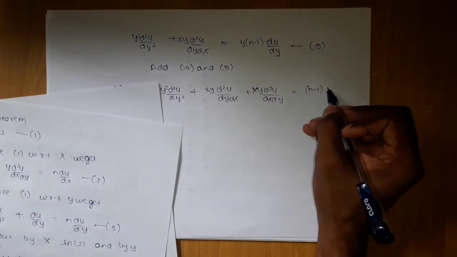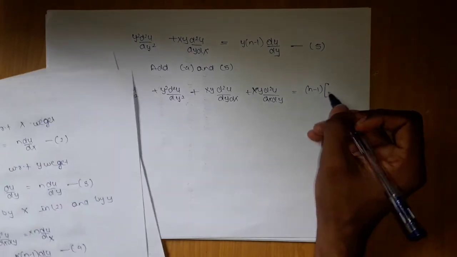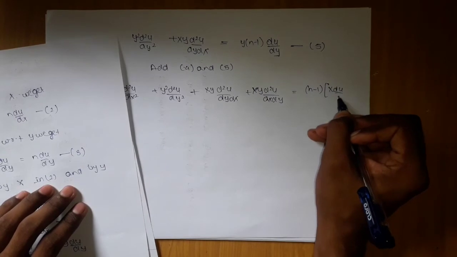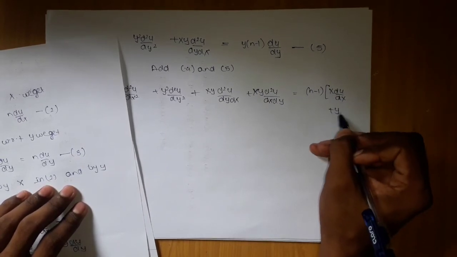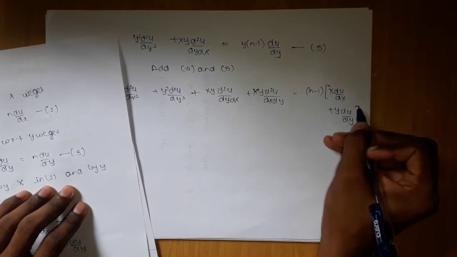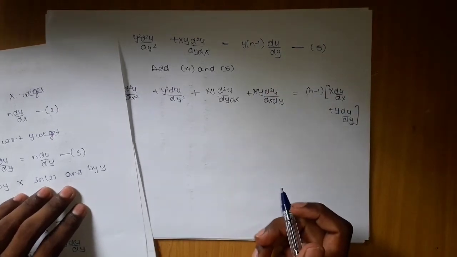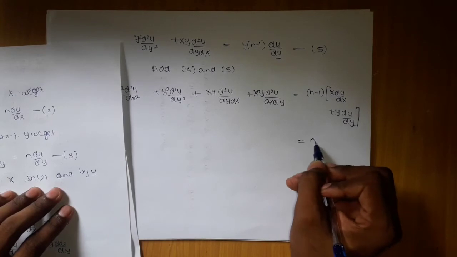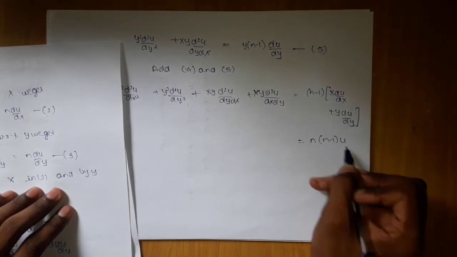We will be left with x dou u by dou x plus y dou u by dou y, if you add them. Now you know x dou u by dou x plus y dou u by dou y is nothing but n times u, so I substitute n into n minus 1 into u.